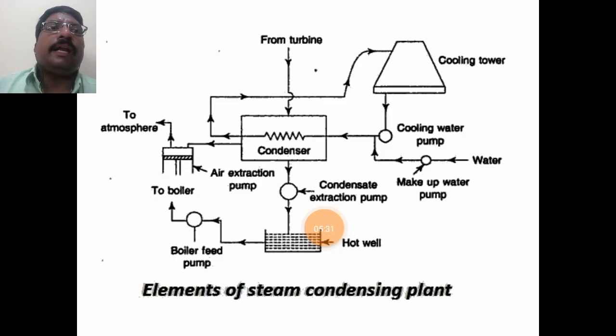In the cooling tower it is cooled again and passed back. Whatever condensate is produced is stored in the hot well. From the hot well it will be supplied to the boiler. These are the different elements in the steam condensing plant.